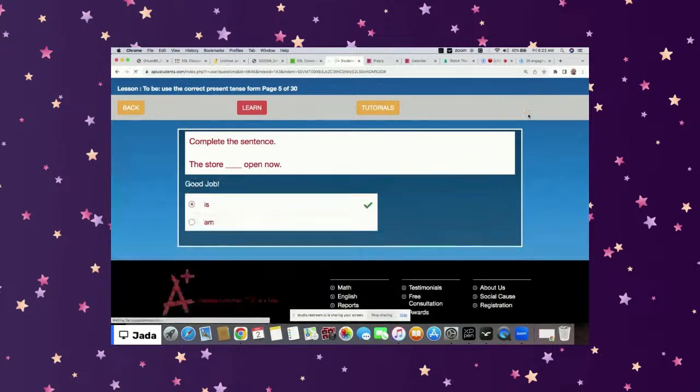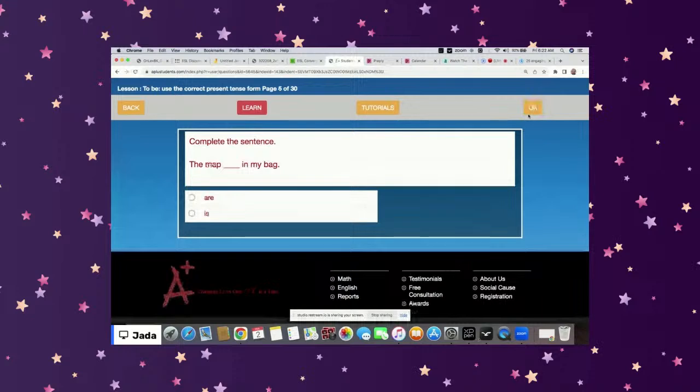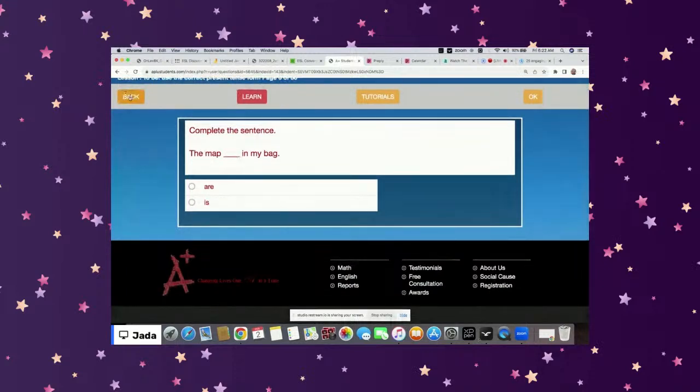That's it for to be in the correct present tense. All right. If you're not done with this lesson, try to complete it. If you're not done, complete this lesson, and then we'll move on to the next lesson.